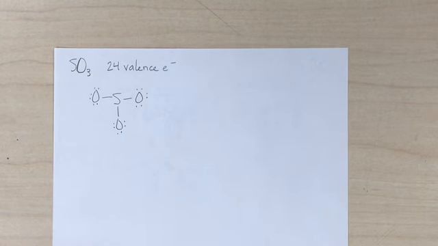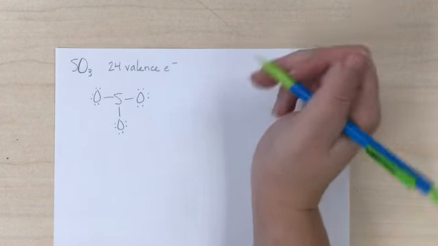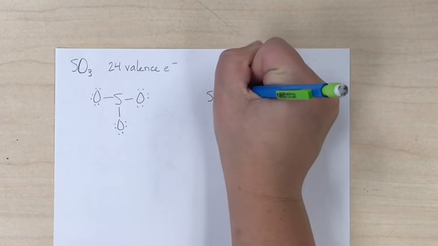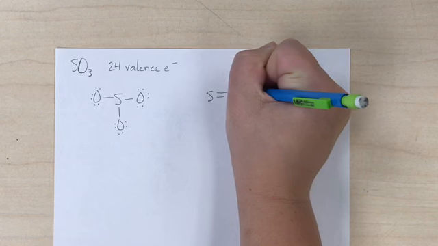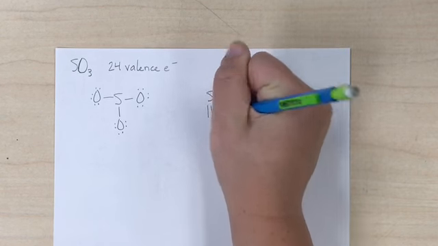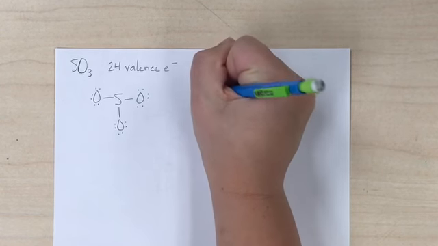The best Lewis structure would have formal charges as close to zero as possible. In this case, the best Lewis structure involves the central atom having 3 double bonds attached to it.